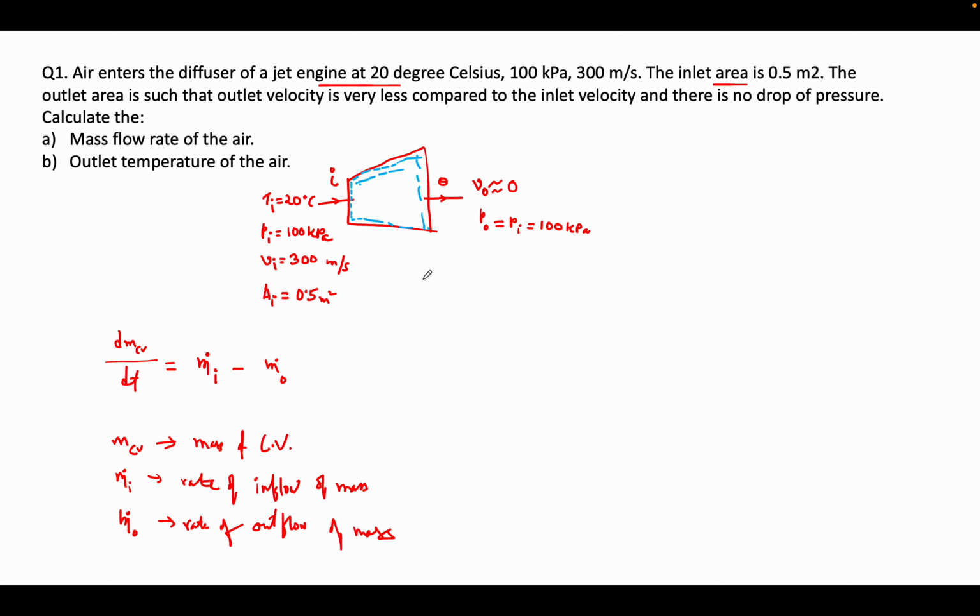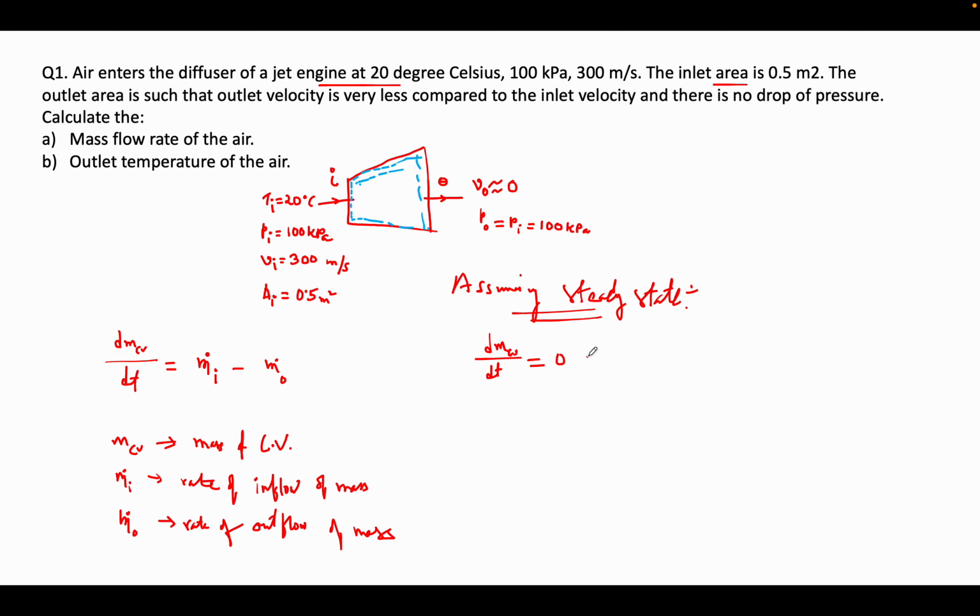Now since nothing is mentioned, and in most of the thermodynamic systems which we study in engineering applications, if it is not mentioned, we apply the steady state condition, because whenever we apply these laws we mostly apply them in steady state condition. So assuming steady state, the mass change will not happen with respect to time.